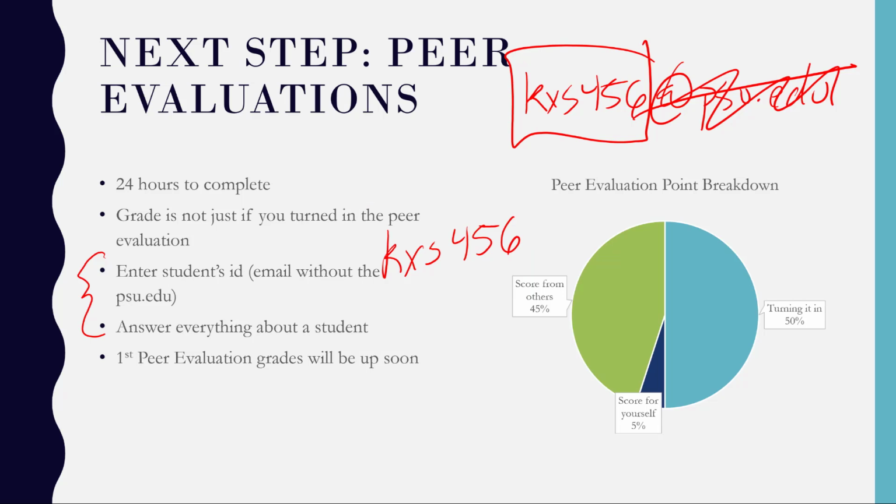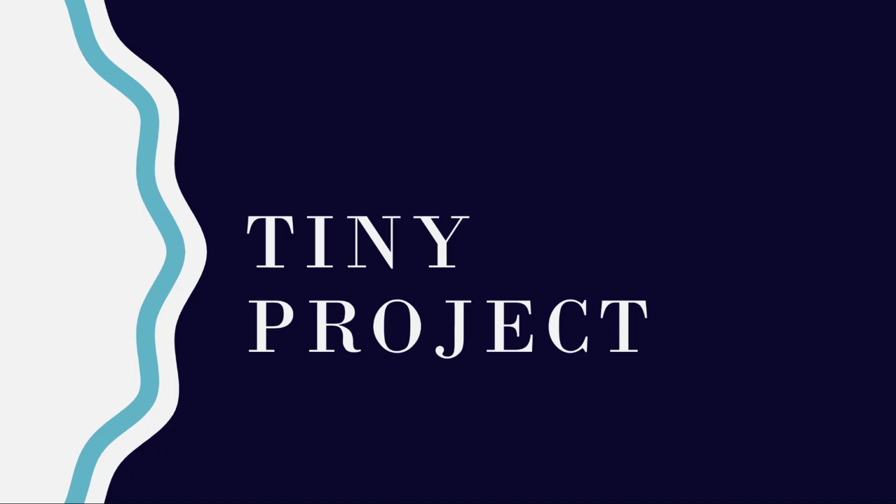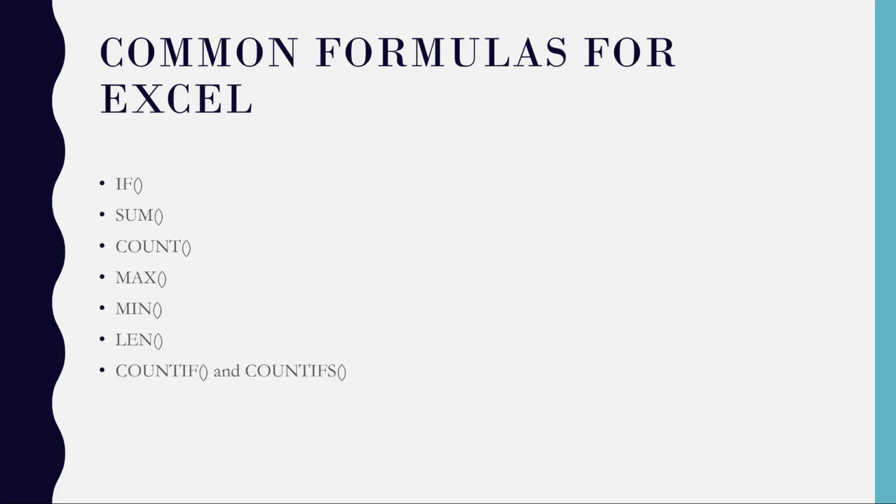If you have trouble finding it, or forgot to ask your peers, you can look it up at the Penn State directory. Go to psu.edu, look up directory, and you'll be able to look up anybody's name. Okay? And again, that's due within 24 hours.